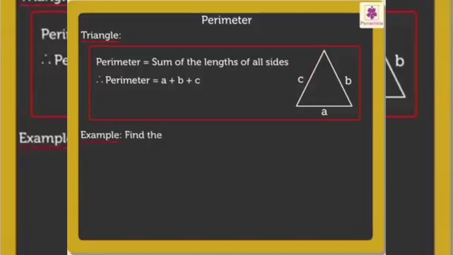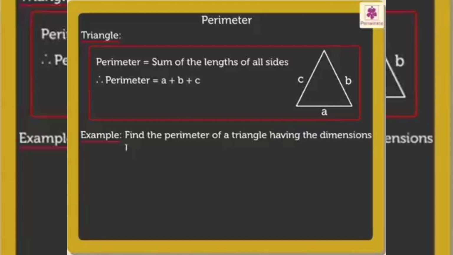Let's find the perimeter of a triangle having the dimensions P is equal to 7 meters, Q is equal to 8 meters, and R is equal to 10 meters.